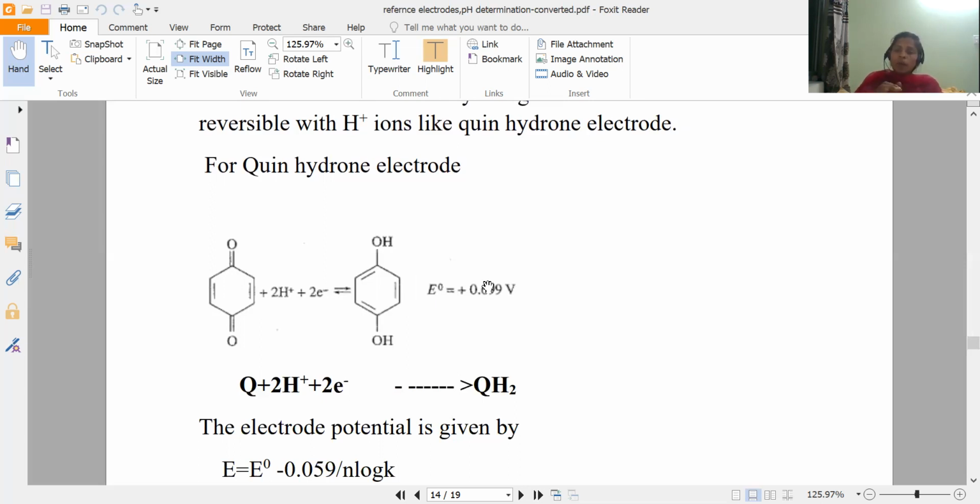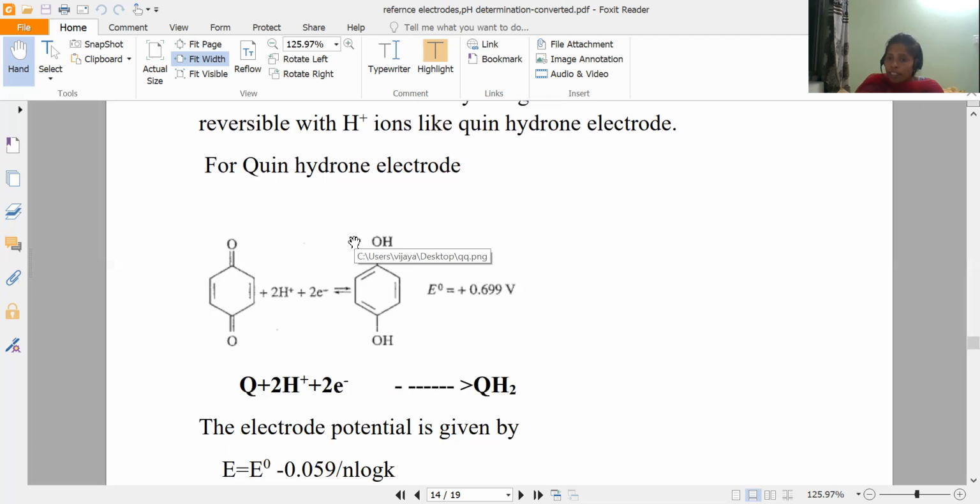So now let us apply the Nernst equation to this particular reaction. But in this reaction, we don't have formulas like H+ or Cl-; instead of formulas, we have structures.